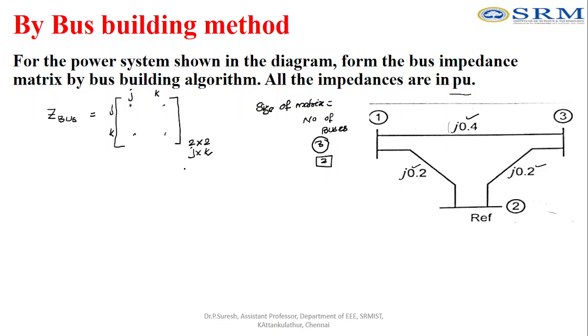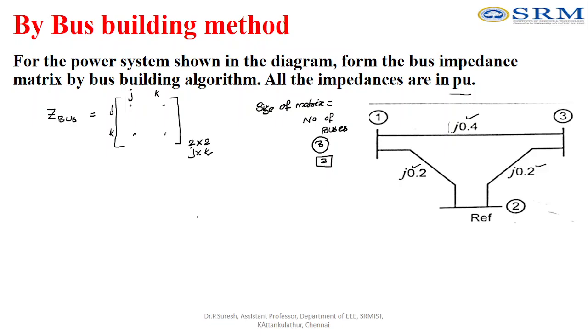After connecting the second bus, we are going to identify what the matrix is. And similarly, we are going to join the third bus, and after connecting the third bus, we are going to find the impedance matrix. With each and every addition of a bus, we are going to form the bus impedance matrix. So it is going to be a step-by-step method.